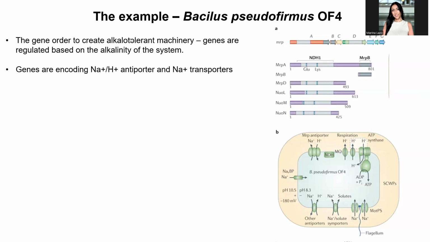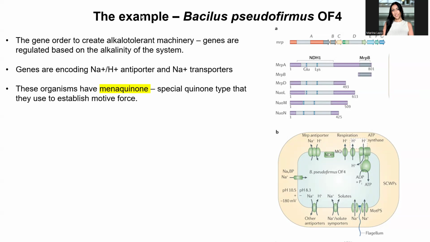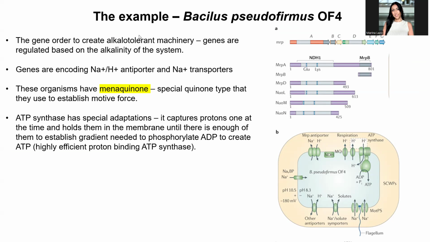This organism will have a high level of sodium proton antiporters. Another special adaptation that alkaliphilic Bacillus has is a specific quinone type. If you remember, when we talked about the electron transport chain, we talked about quinone in complex 2. These guys don't have quinone, they have menaquinone, and they use menaquinone to establish proton motive force.